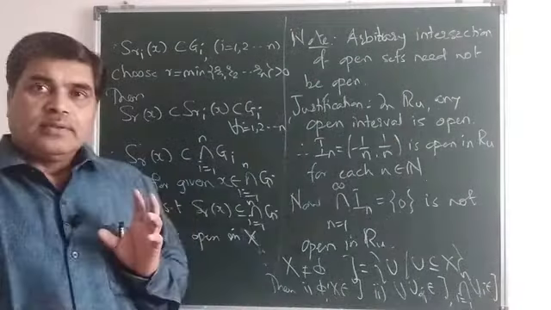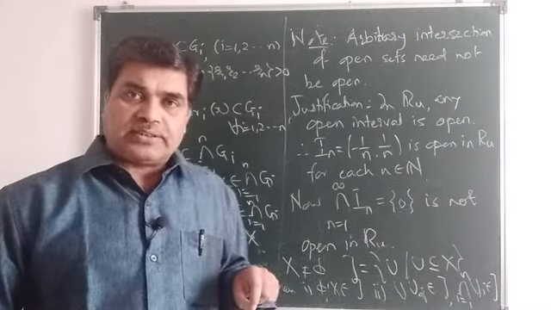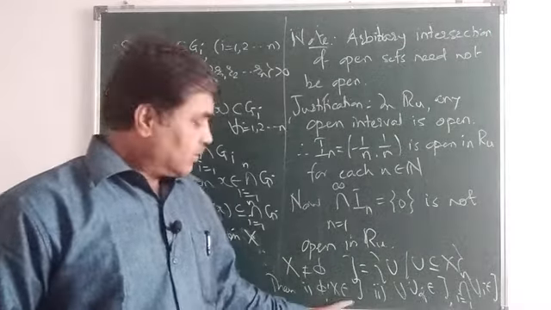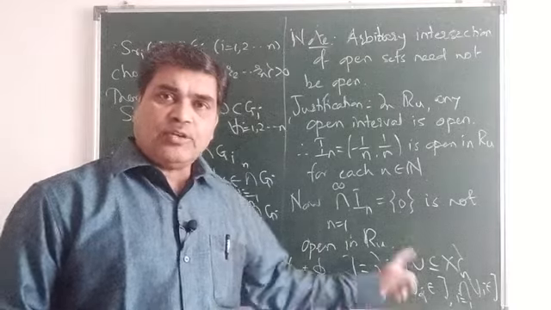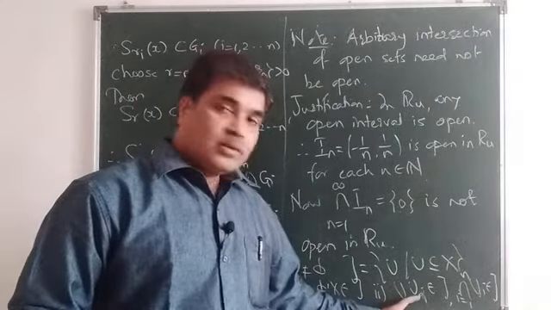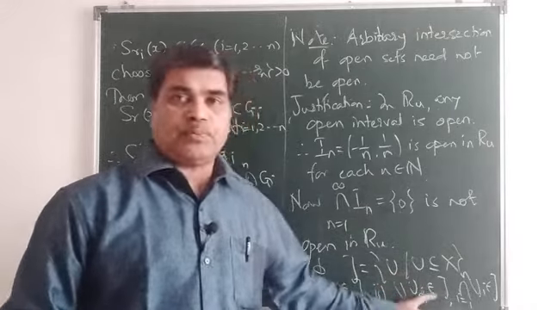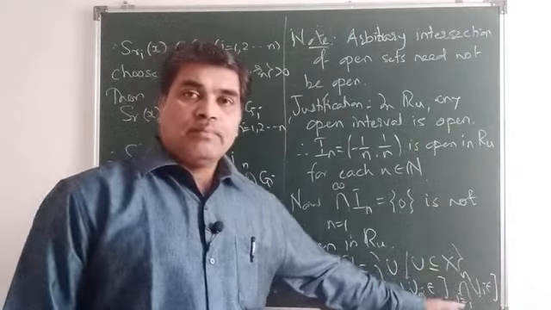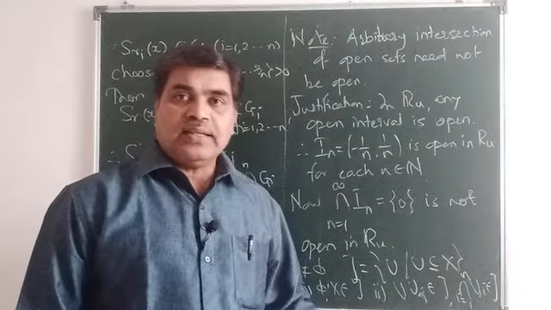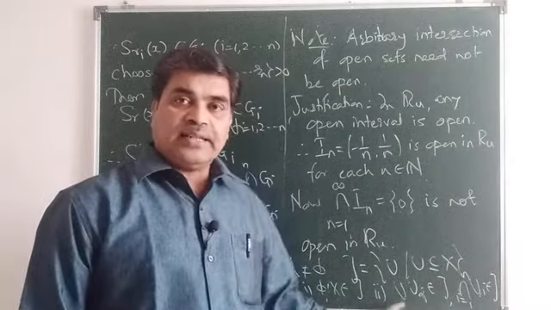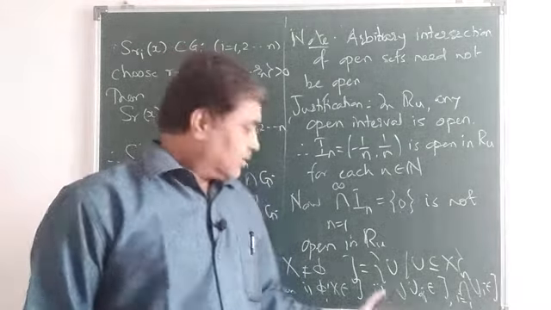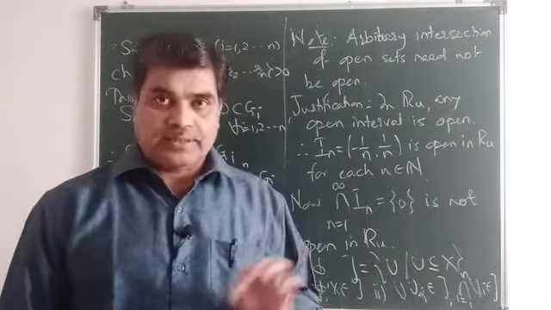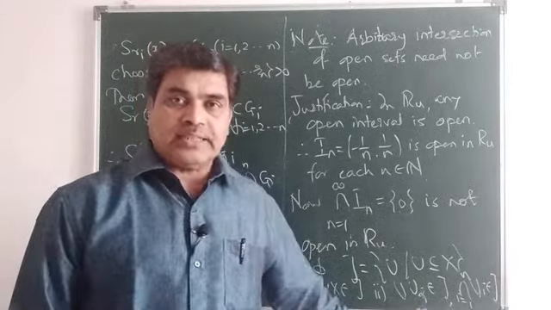So a collection of subsets of X is said to be a topology for X if phi and X are in tau, an arbitrary union of members of tau is again in tau, and a finite intersection of members of tau is again in tau. Then that collection is called a topology, and each set in this collection tau is called an open set.